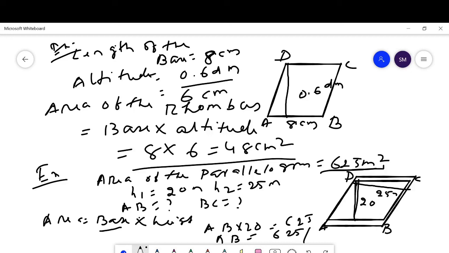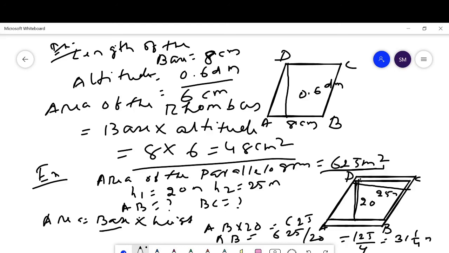Simplifying, this is 125 upon 4, which is equal to 31 whole 1 upon 4 meter.